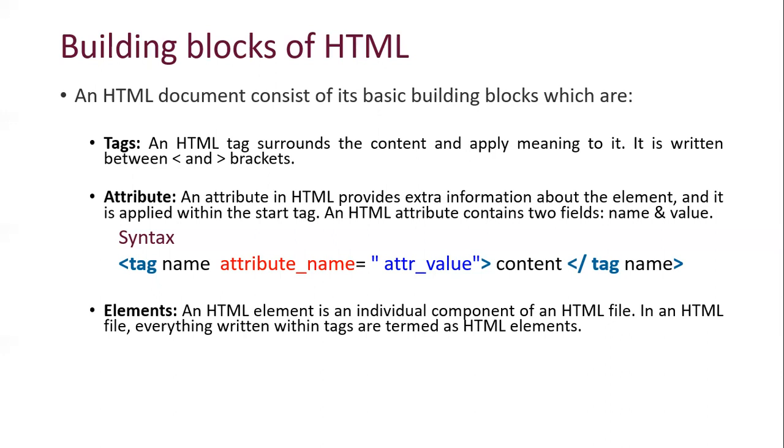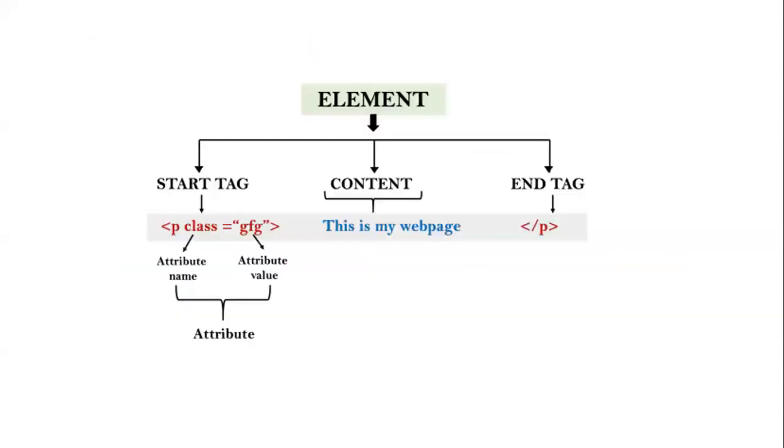Now, the next important building block is the element. An element is an individual component of the HTML file, written between the tags of HTML. So let us see what an element is, what a tag is, and what content is.